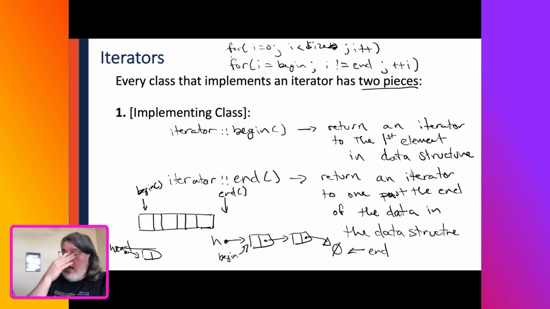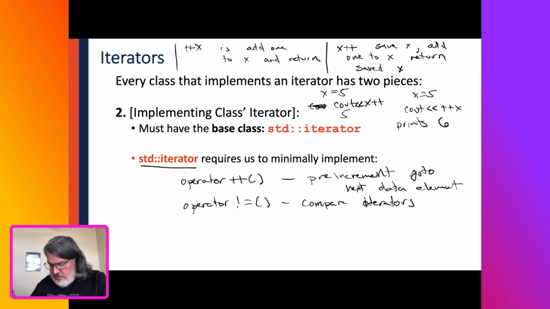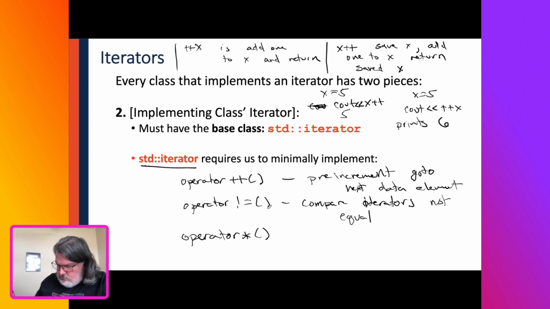If we saw how the loop would work, we're checking as we keep going through the loop, as long as we're not at the end, that makes sense. Not equal. And the last thing we need is star. And operator star returns the data.